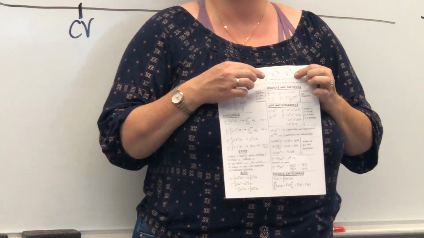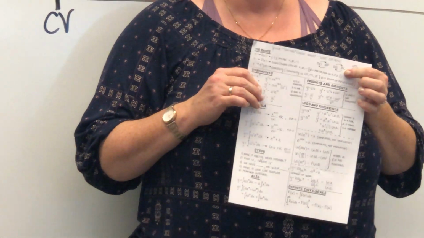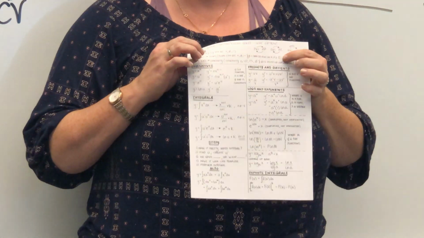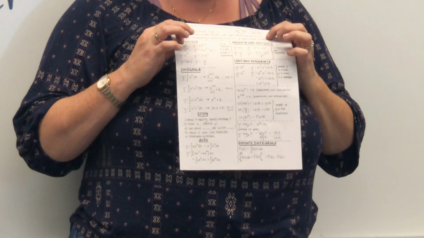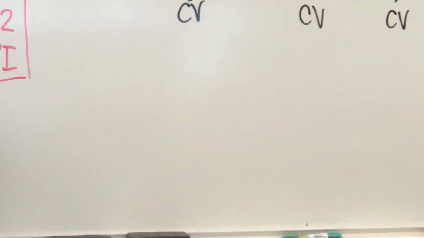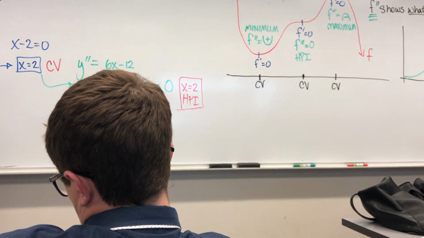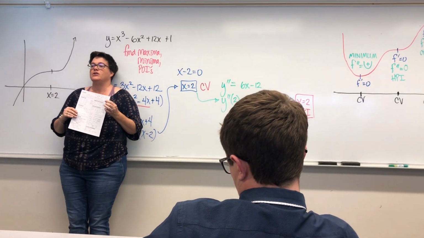A 0 slope indicates a maximum or a minimum or a horizontal point of inflection. So now we go to the second derivative to tell which one it is. Whatever we found in the first derivative as our critical value, if we shove that into the second derivative and it comes out 0 as well, that's a horizontal point of inflection. Horizontal points of inflection have no slope and no concavity.